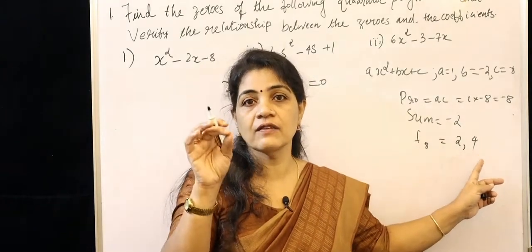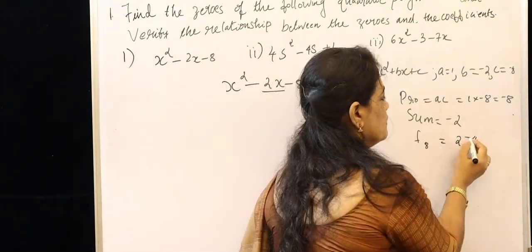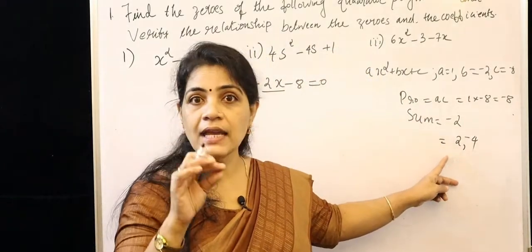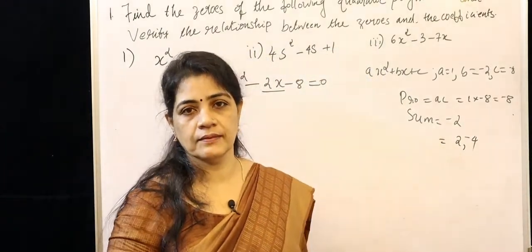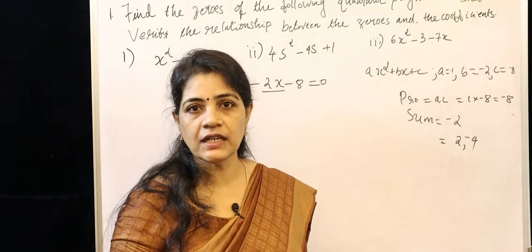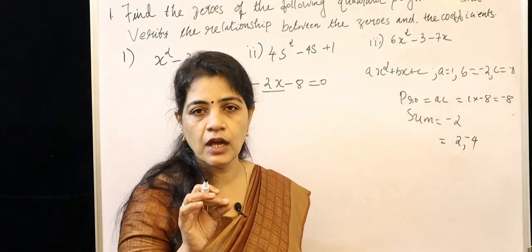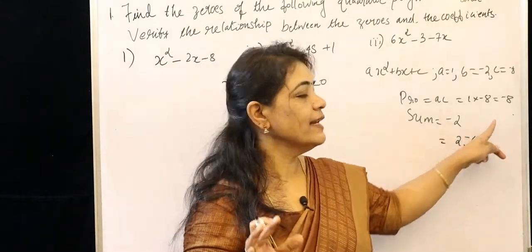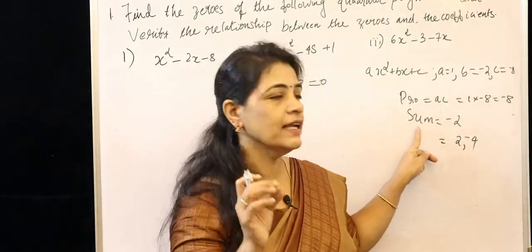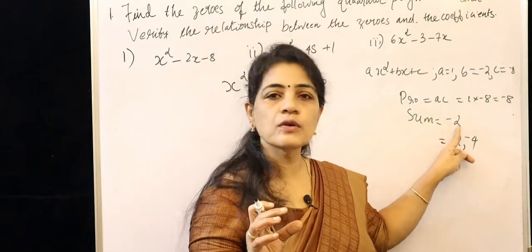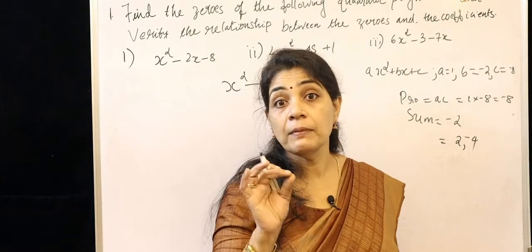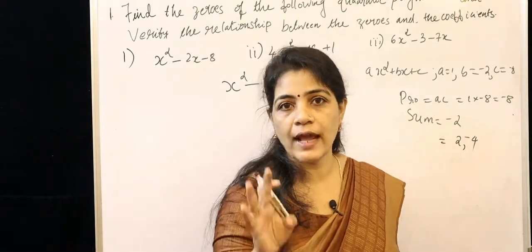So that factor carries the negative sign. So you have to split the middle term in this manner, that is minus 4x plus 2x. Understood children why I am giving a negative sign to 4? Because we should get the product negative 8, and when you take their sum, that also should carry the negative sign. So the negative sign goes to the biggest factor, that is 4x.